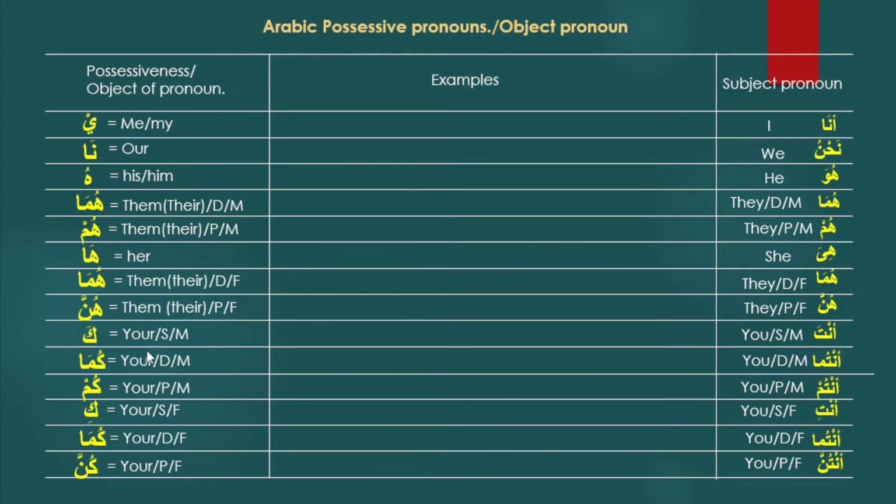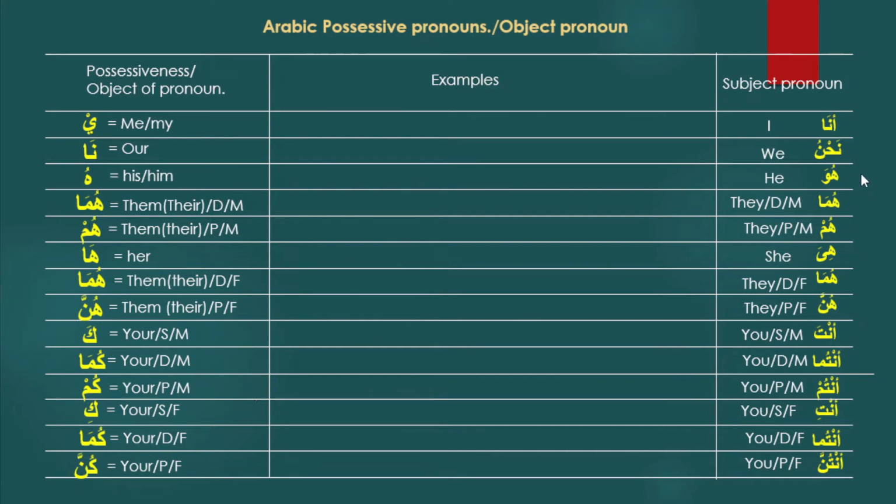It will be kuma. Antum means kum. Anti, delete the an and replace the ta, and we get ki. Anti, the object is ki, your. Antuma, kuma. Antunna, kunna.